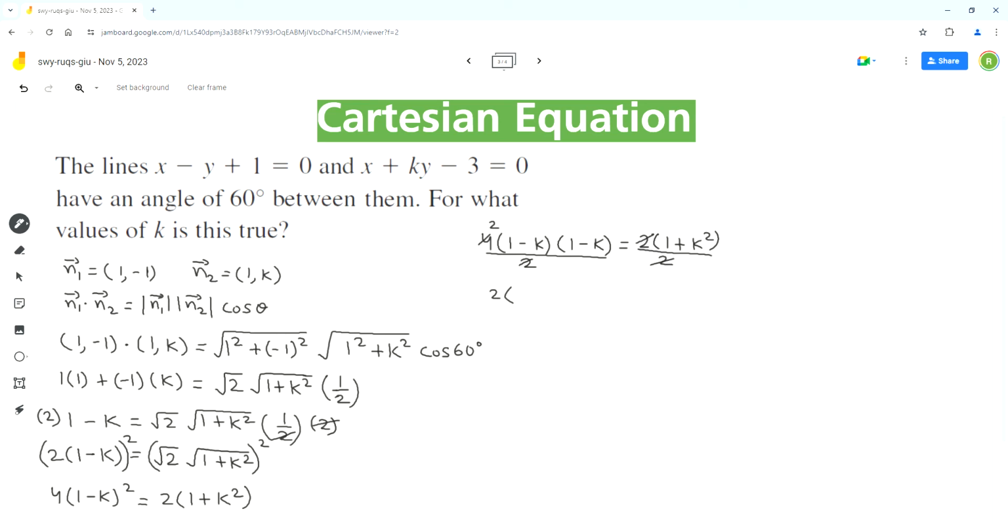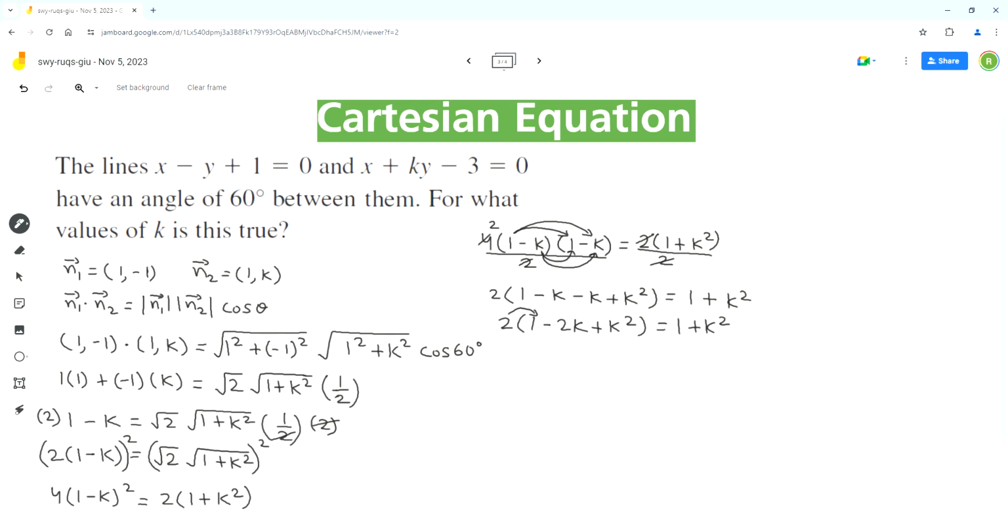And we can use the FOIL method to distribute the terms in the parentheses. Now we can combine like terms in the parentheses. We can distribute the 2 into the parentheses.